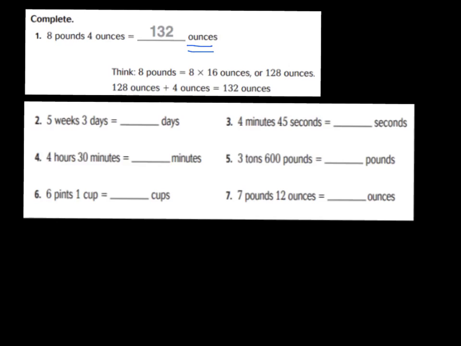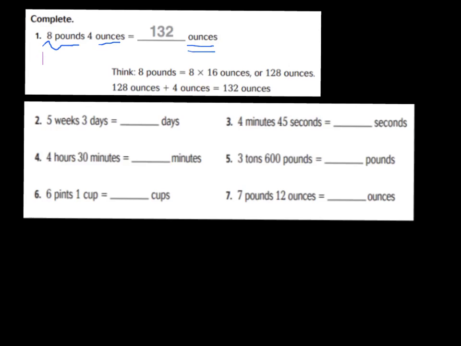So we have 8 pounds and then we have 4 ounces. So it's telling me that you need to think 8 pounds equals, well, I know that in 1 pound there are 16 ounces. So what they did was 8 times 16 because they have 8 pounds. They had to change their pounds to ounces. So they said 8 times 16, well, 8 times 16 is 128 ounces.